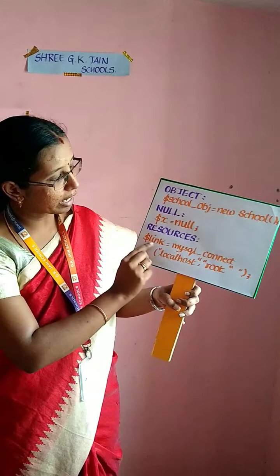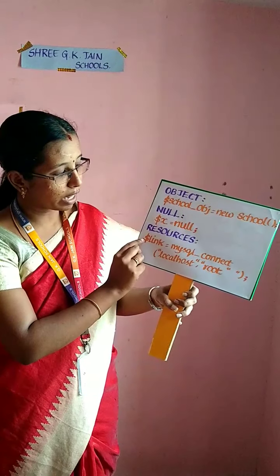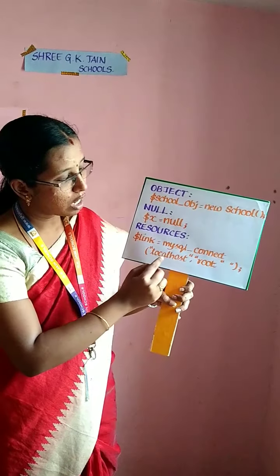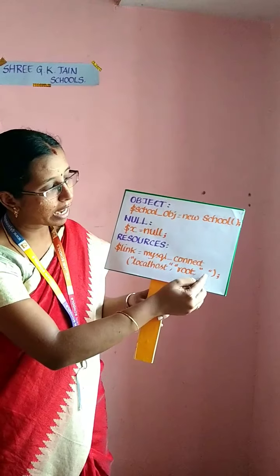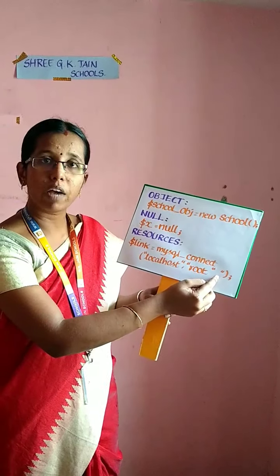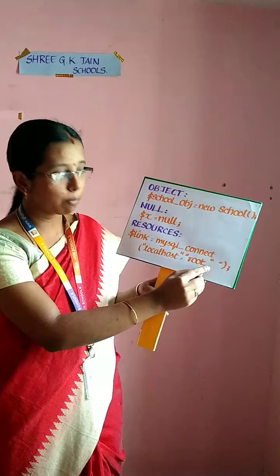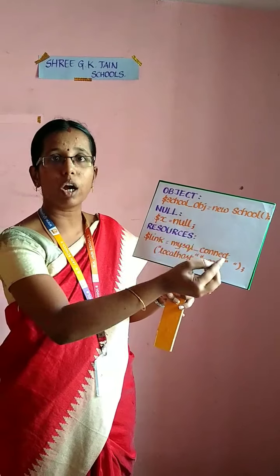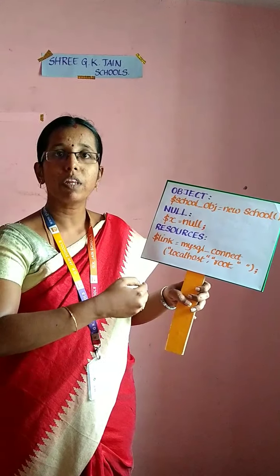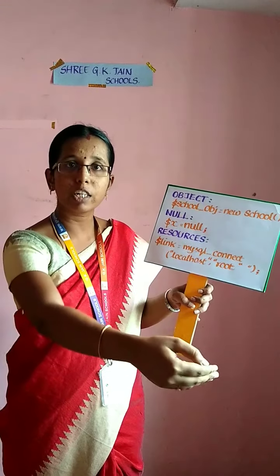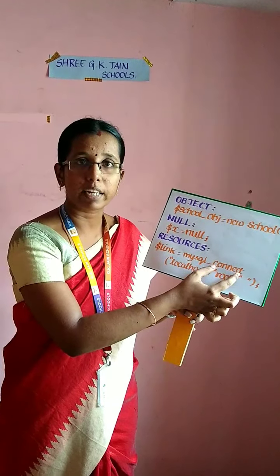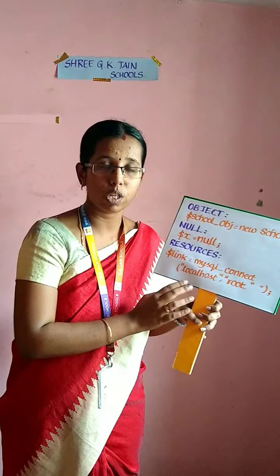I am creating here a link variable equal to mysql_connect with localhost, root, and the password empty. If you have a password in your system, you have to mention the password here. So you are linking your PHP program by establishing a connection to your MySQL by a keyword called connect. This is what is called resources.